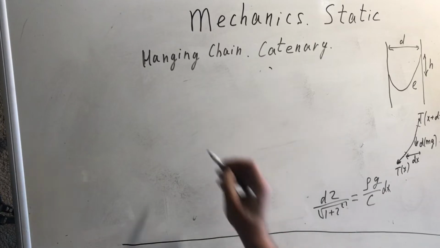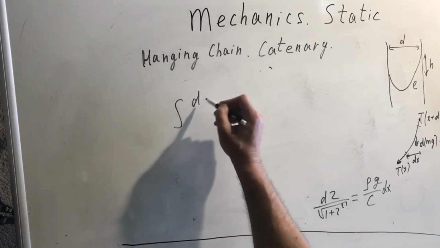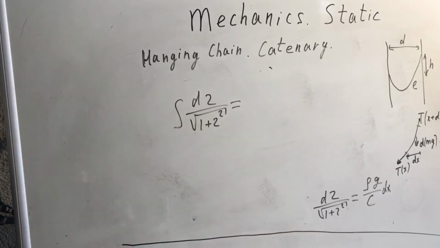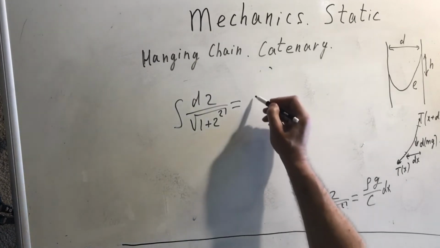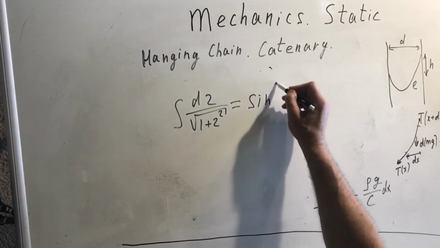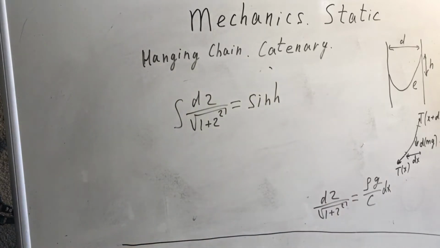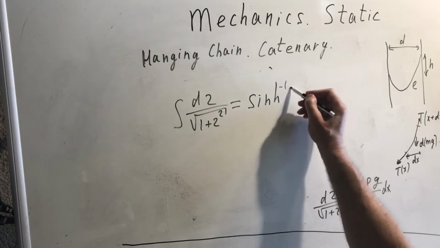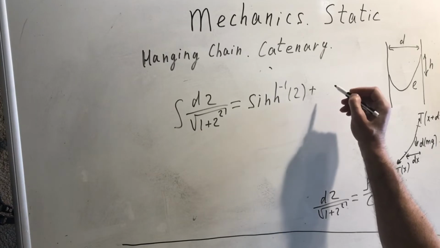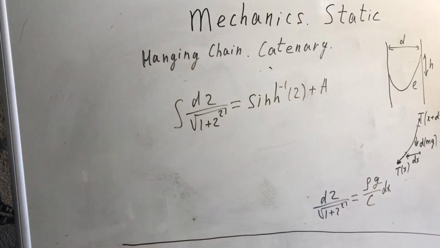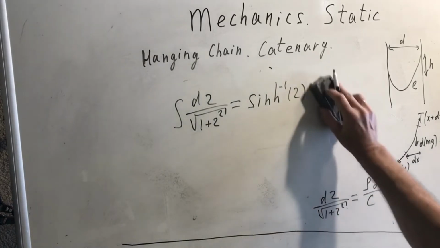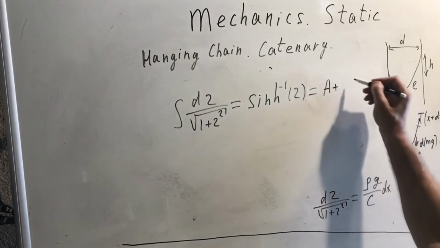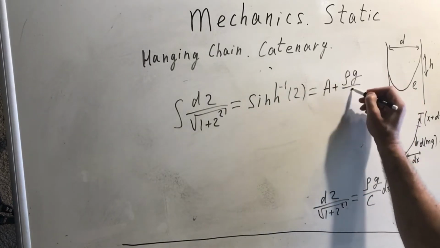The integral on this side is dz over root of 1 plus z squared, which is equal to the inverse hyperbolic sine of z plus some constant a, or we can write this equal to constant a plus rho g over C x.